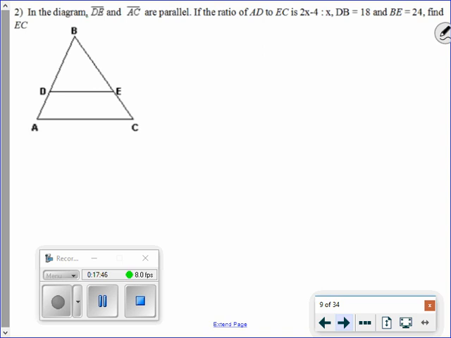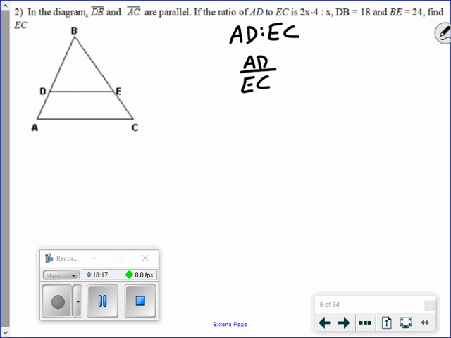They tell me AD to EC is in a ratio, and then BE is going to correspond with EC. So they're saying AD to EC, or AD over EC. They're trying to get you to see this in a different way. Don't get too thrown off.